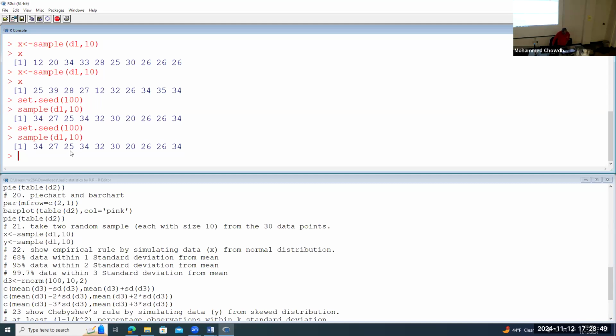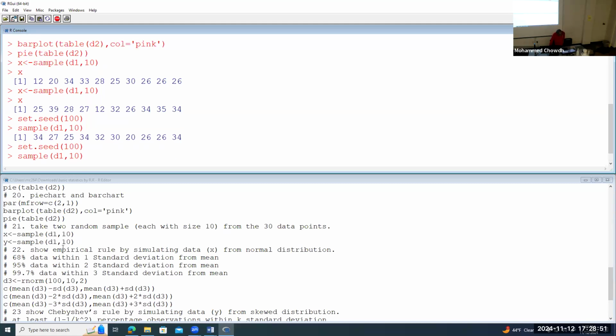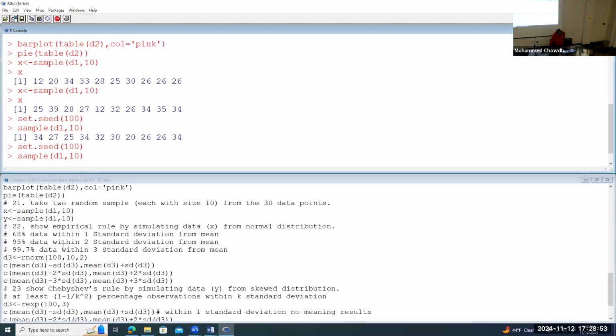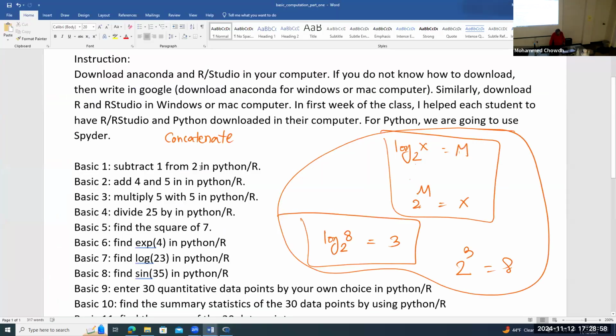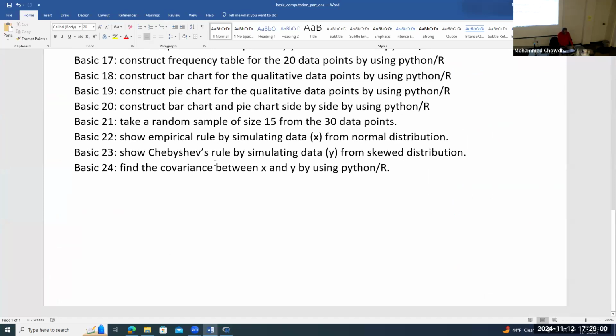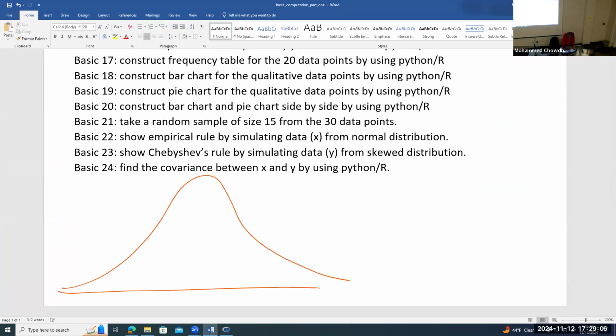So now I took a sample from there. After taking a sample, now you remember the empirical rule. Within 1 standard deviation, what percentage? Within 2 standard deviations, what percentage? Within 3 standard deviations, what percentage?